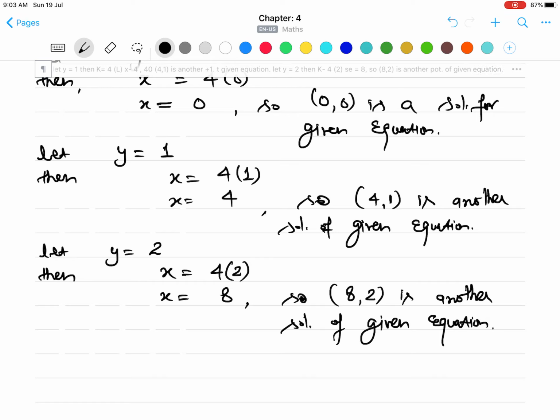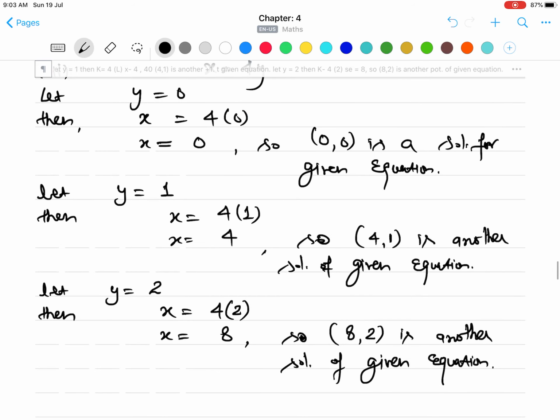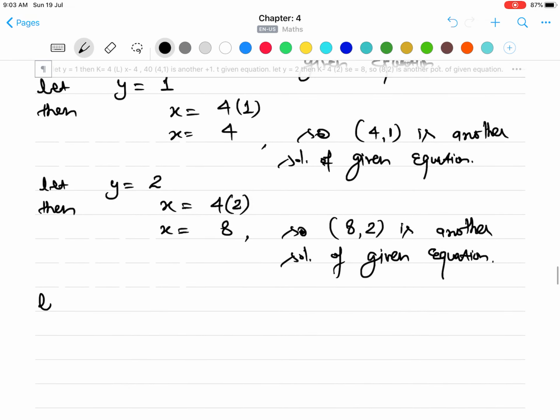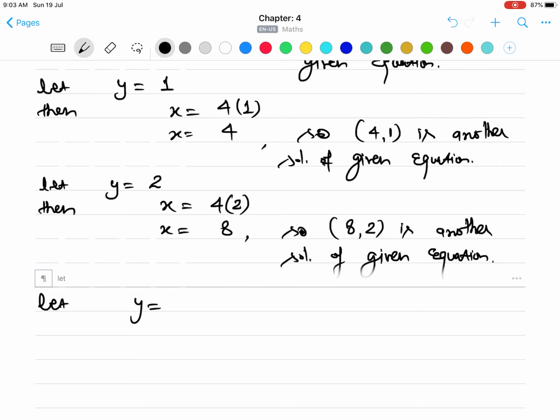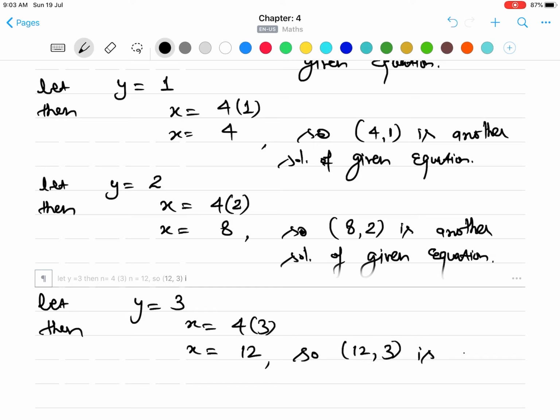Okay, so we have found three solutions. Let's find another one. Let y equals 3, then our equation becomes x equals 4 into 3, so x will be 12. So (12, 3) is another solution of the given equation.